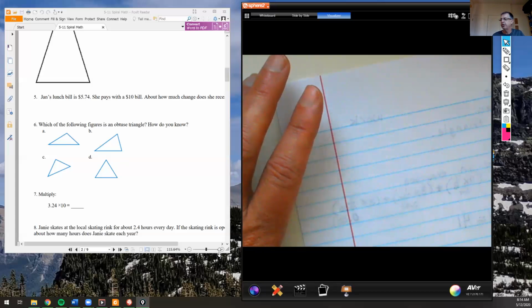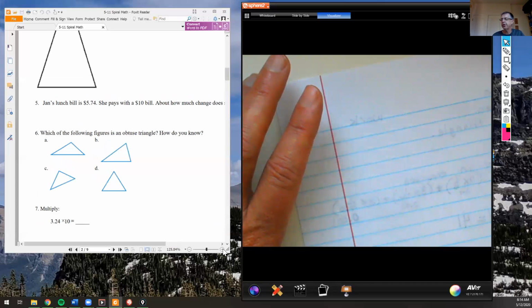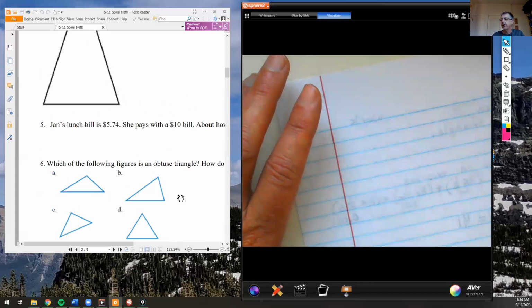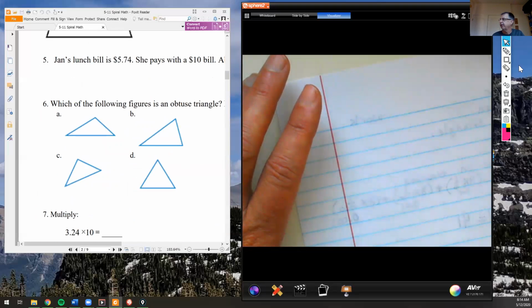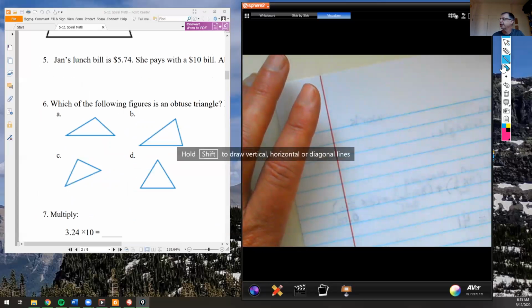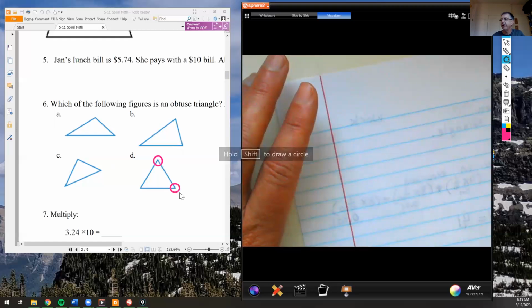Let me zoom in on some of these triangles a little more to see which ones are definitely not more than 90 degrees, so I can at least eliminate those. I'll take a look at, first of all, letter D. That kind of looks like each one of those angles there is less than 90 degrees.